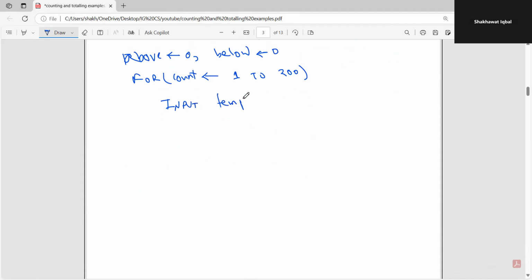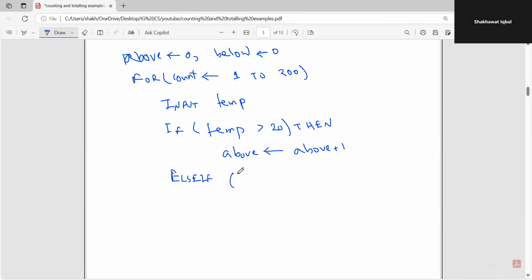If my temperature is greater than 20, then the variable above will increase by 1. Else if my temperature is less than 10, then I'll consider it as below, so below will increase by 1.